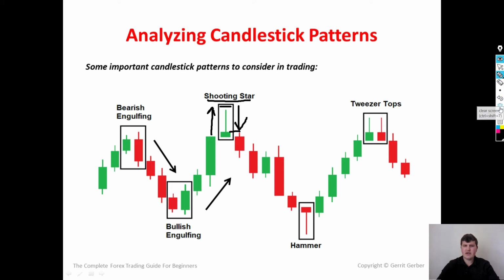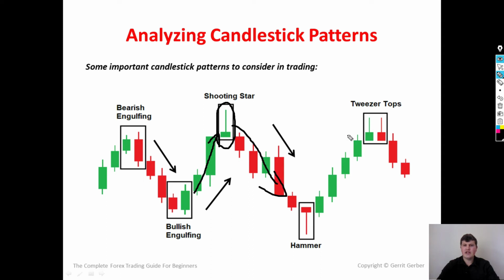And what you can expect from shooting star candlesticks are usually a move to the downside, a lower move, due to the shift between the bulls and the bears.